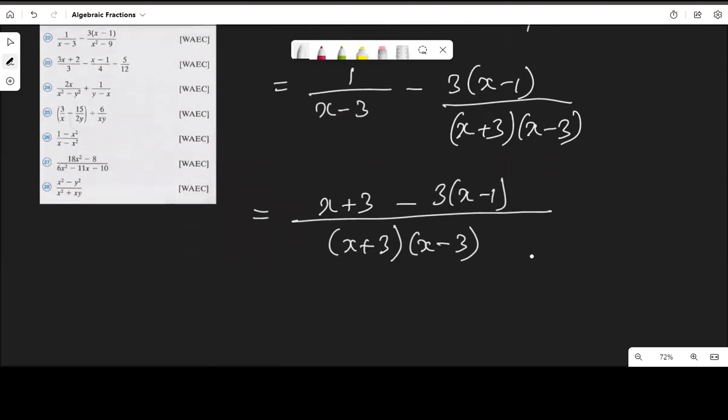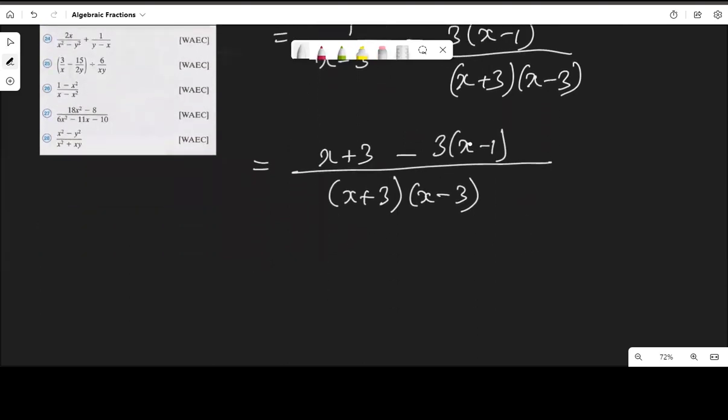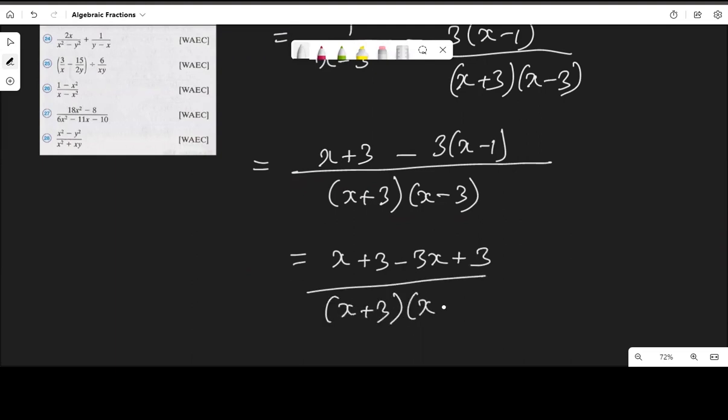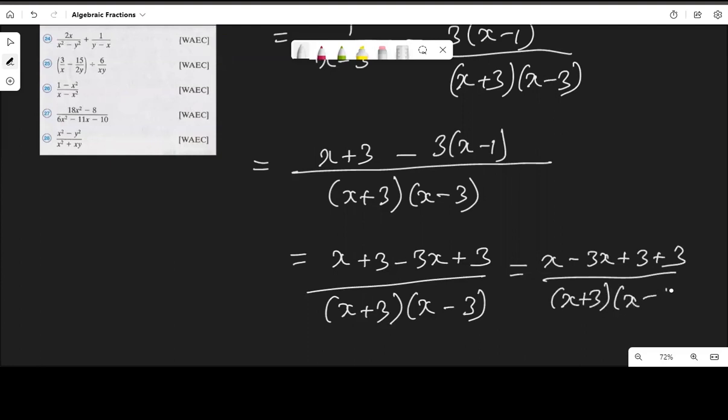So that when I distribute this, I'll have x plus 3 minus 3x, then minus times minus is plus, all over x plus 3 and x minus 3. Let's collect like terms, this and this, and this and this. I have x minus 3x plus 3 plus 3 all over x plus 3 and x minus 3.